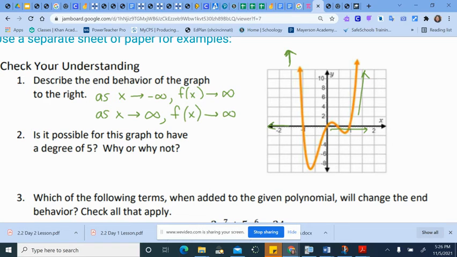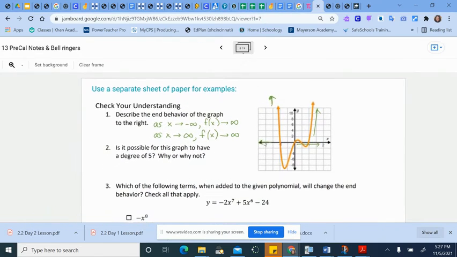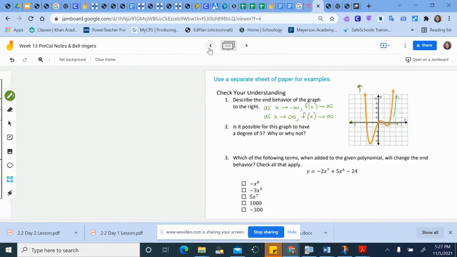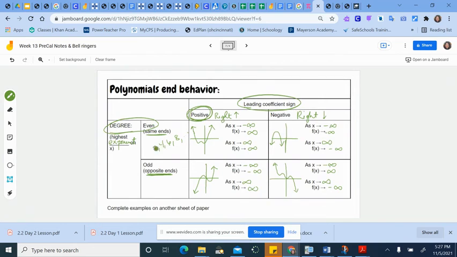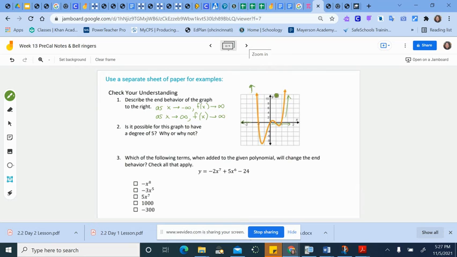Is it possible for this graph to have a degree of 5? Okay, so degree means exponent, right? Highest exponent. And if it's 5, that would be an odd number. And what's supposed to happen on odd numbers? Odd degree functions go in opposite directions on the ends. So is this one going opposite directions on the ends? Oh no, they're both going up.